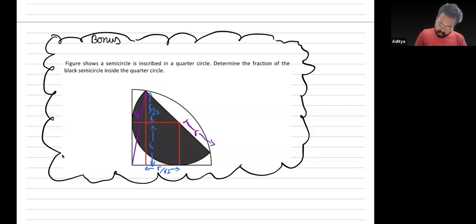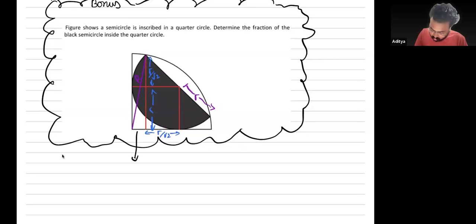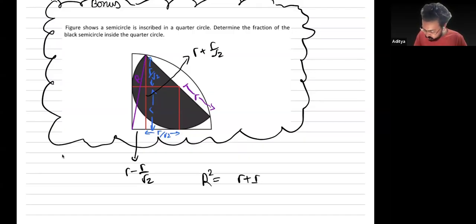So what we get is that for this right angle triangle, the smaller side is r minus r by root 2, and this larger line segment is r plus r by root 2. And if you use Pythagoras theorem, you find that capital R square is equal to r plus r by root 2 the whole square plus r minus r by root 2 the whole square.